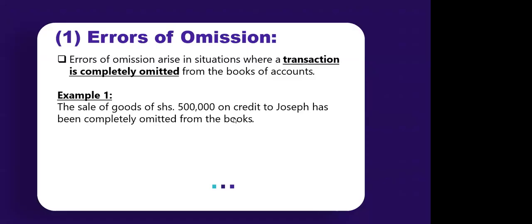The sale of goods of 500,000 shillings on credit to Joseph has been completely, I want you to note the word completely, omitted from the books. So that is error number 1, that is not detected in the trial balance. If you're given a scenario like this in the examination, or in the examples we are going to see, you'll have statements like this: the sale of goods of 500,000 on credit to Joseph has been completely omitted.